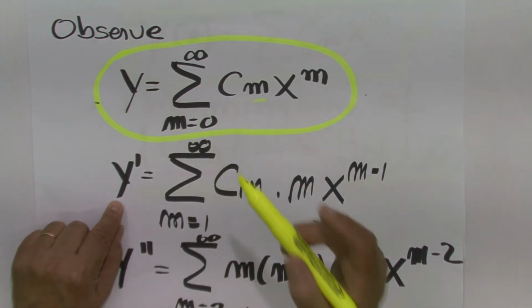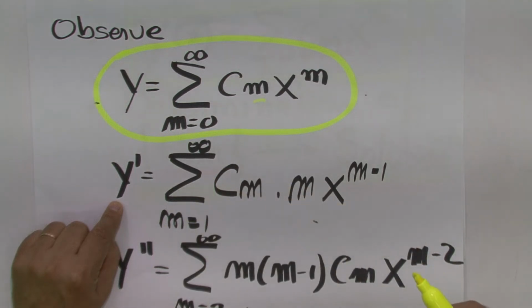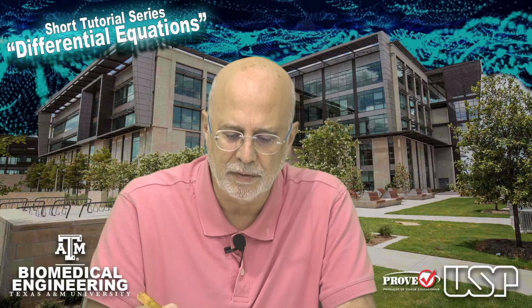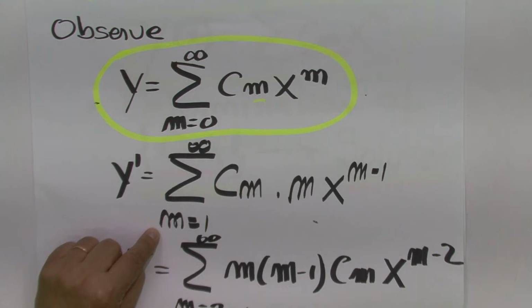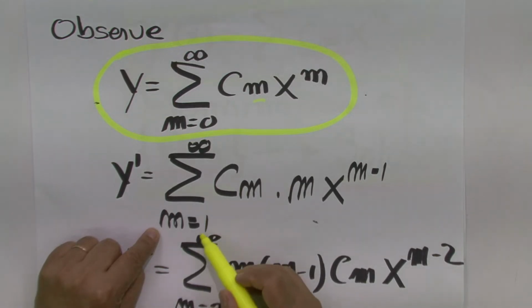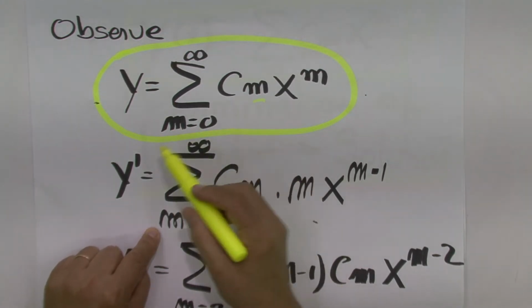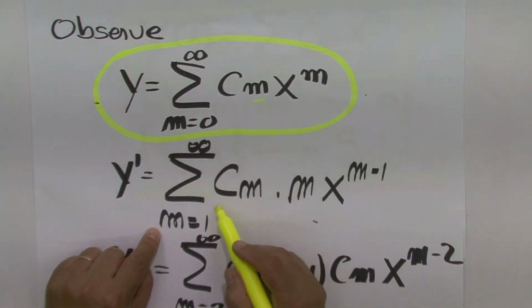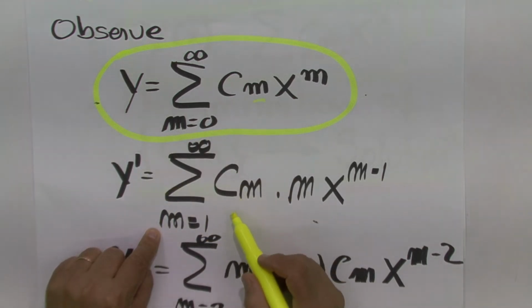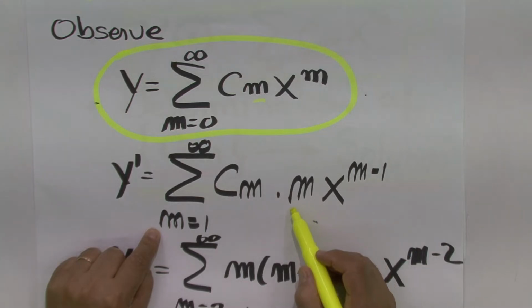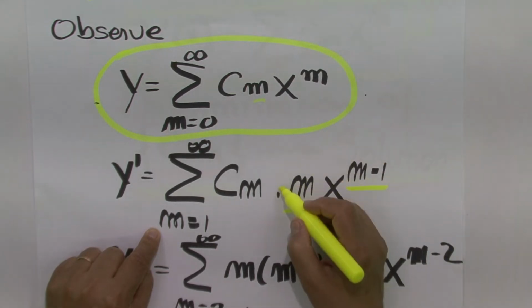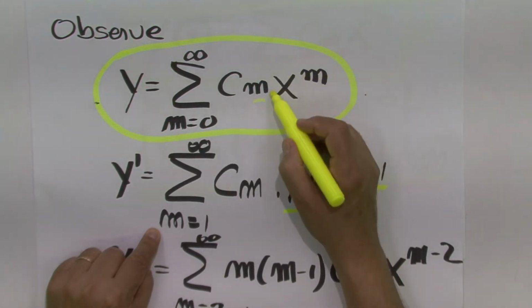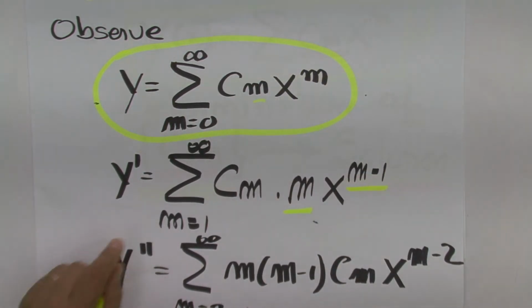But since the constant will disappear when I take the first derivative, there is no sense in starting from 0, because I know that term is not present. So we start at 1. If we start at 1, we can express the first derivative as a sum as well. And this will be Cm times m times x to the m minus 1, because I took the derivative of this, the m came here, and I subtracted 1.